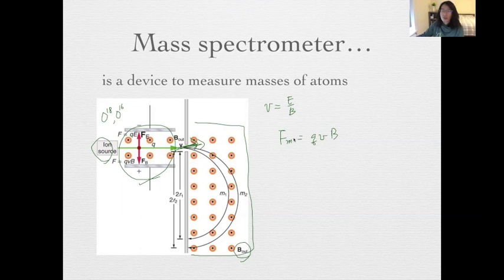So let's take a look. If my charge is, so oxygen is usually negative, so my particle is going this way, and the picture here is positive, so this is not a very good example.